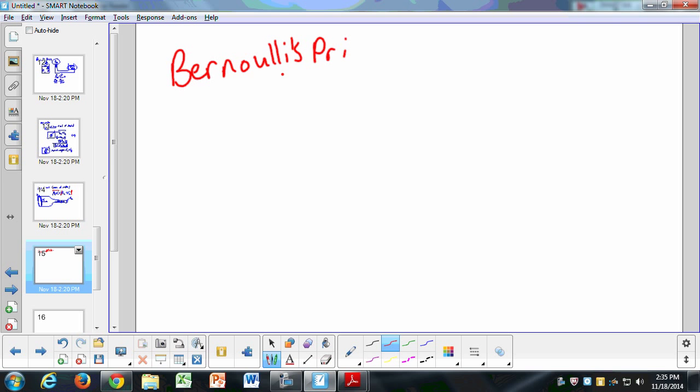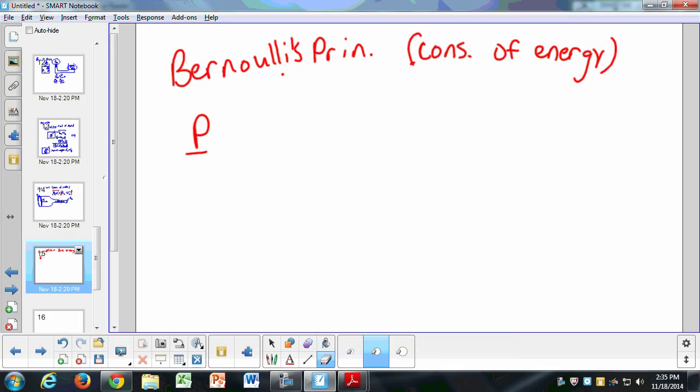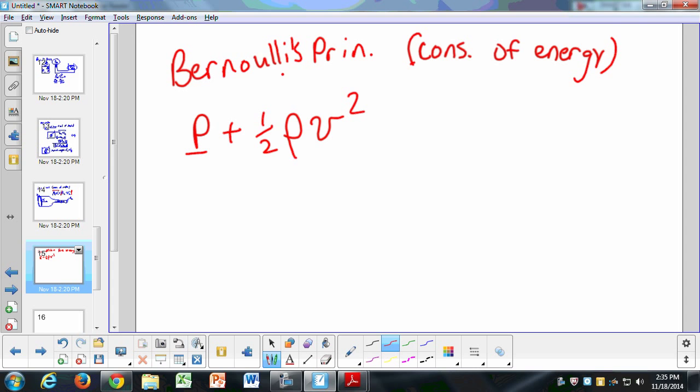This is in your equation sheet. It's based on the conservation of energy. You'll know this because the equation sort of looks like our energy equations. The equation is this: P not equals P plus 1/2 rho V squared. That sort of looks like kinetic energy.